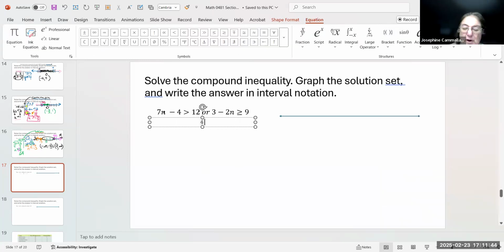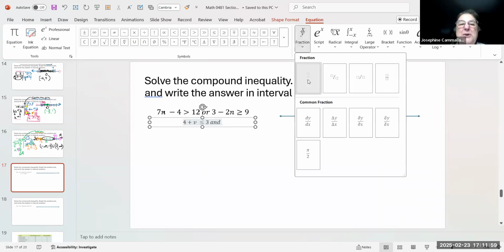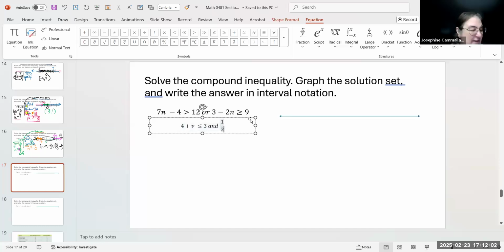This is going to be 4 plus V, and this is greater than or equal to 3, and I have 1/2 parentheses V plus 3 greater than or equal to 4.